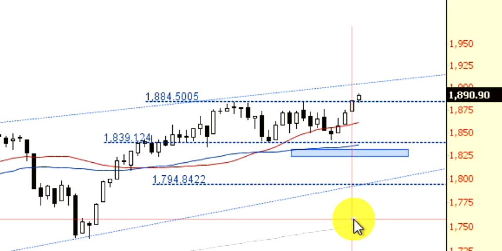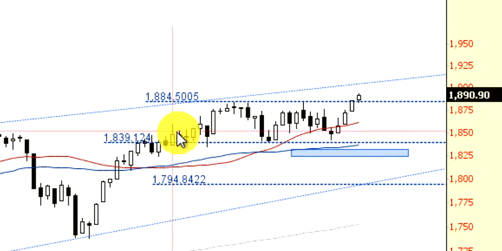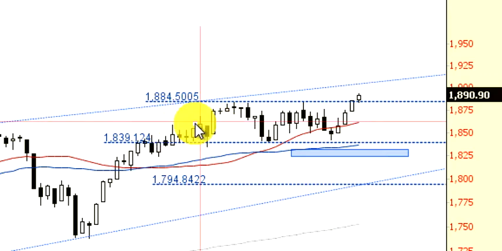The market either trends in one direction or the other, I mean this is obvious, or it trades sideways. If you have higher highs and higher lows, then you know the trend is up. If you have lower highs and lower lows, you know the trend is down. And this would be an example of a sideways trend. So over this time frame, right here, the market was trending sideways.